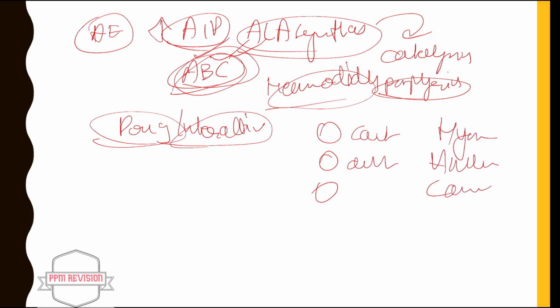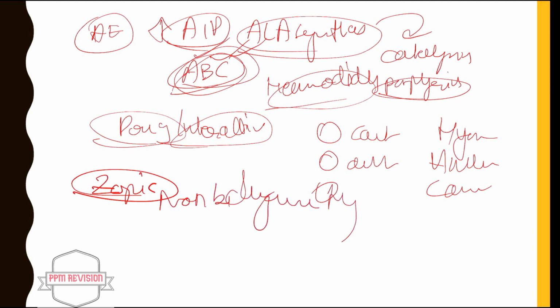And then zolpidem, same principle, and we need to know it is used like zopiclone. So these drugs are nothing but non-benzodiazepine hypnotics. These non-benzodiazepine hypnotics are used in case of insomnia.